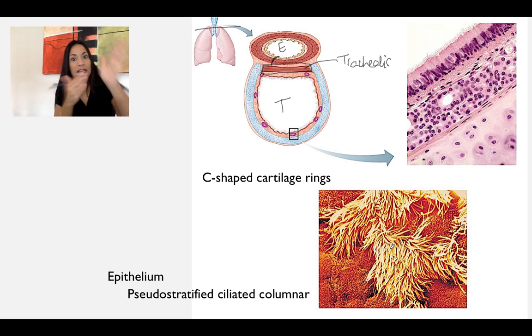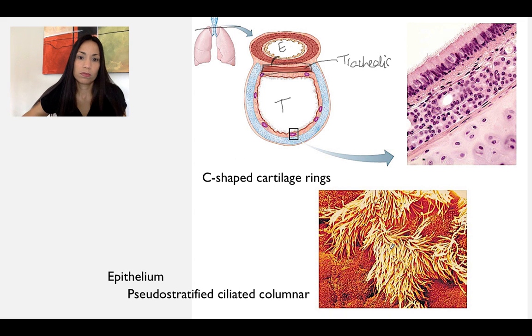Which direction? Inferior, distal to the respiratory tract, or proximal toward the larynx and the pharynx? Where do you think? Exactly, it sweeps up, okay? So you can cough it up and expel that foreign particle.